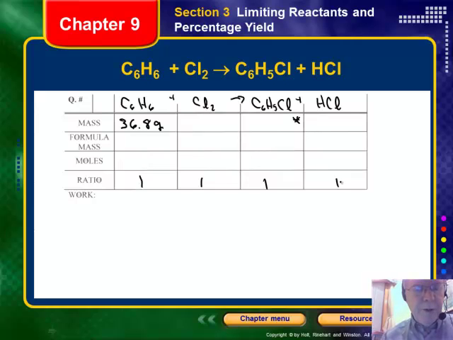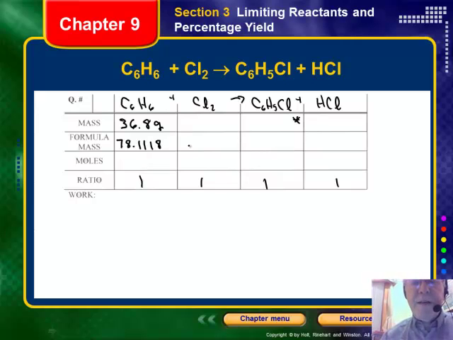So that's 12.0107 times 6 and 1.00794 times 6. So I get 78.1118 as my formula mass for that.